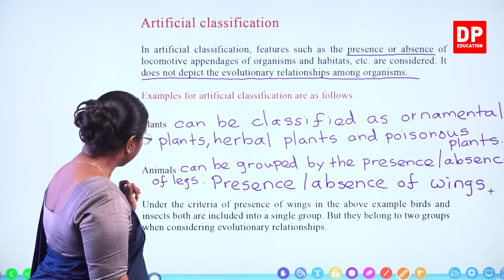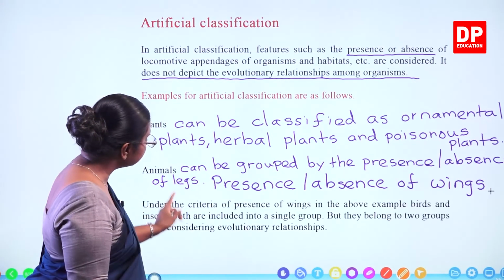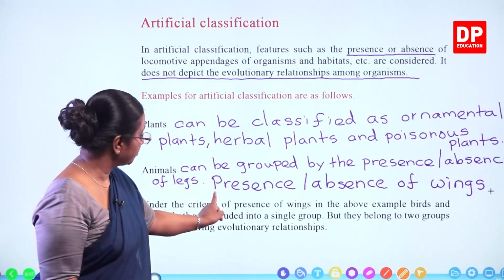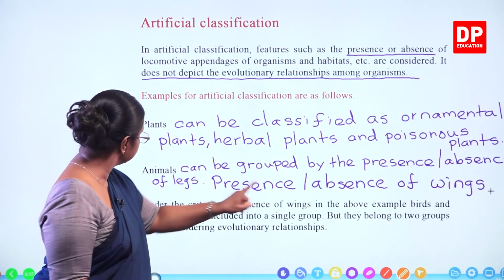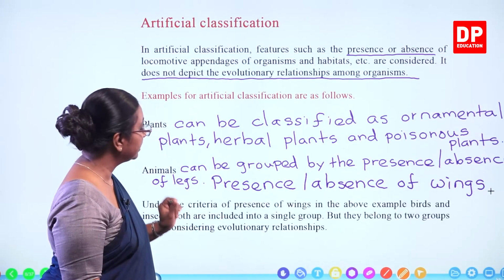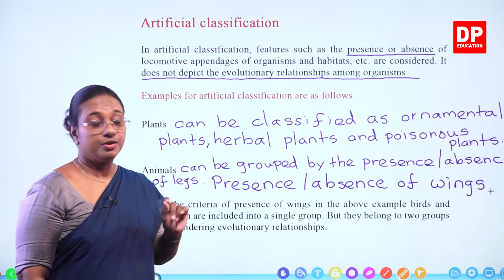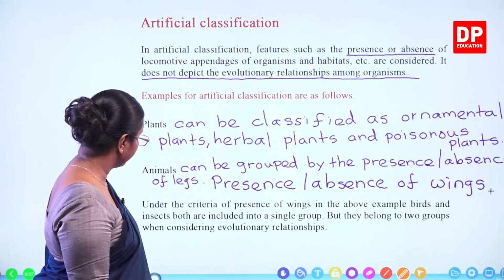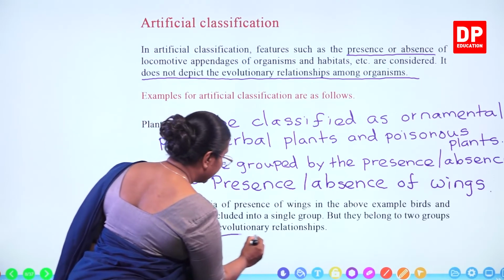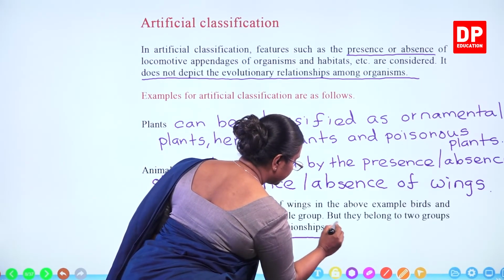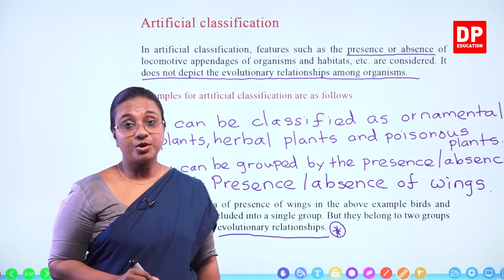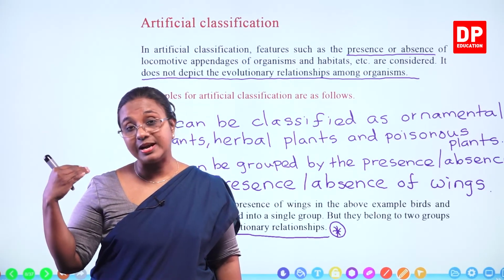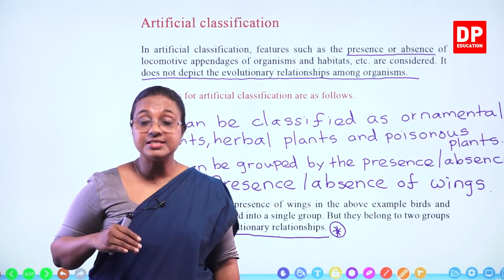So if you look at the criteria of presence of wings in the above examples, I have given that here, birds and insects both are included into a single group. So that is what we discussed. But they belong to two different groups when considering the evolutionary relationship. This is very important. When we say evolutionary relationship, students, we started off by discussing how the organisms evolve.